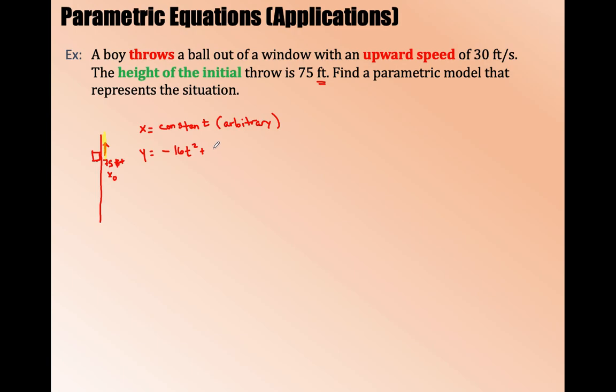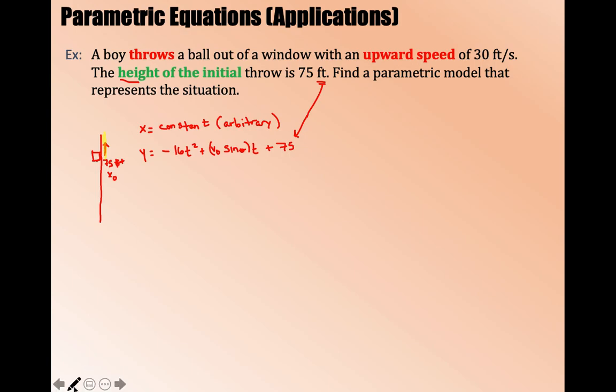So the initial velocity times sine theta times t plus my initial position. The height when they first start is 75 feet. So that's why the 75 is right here.